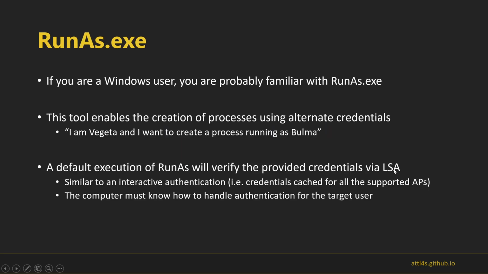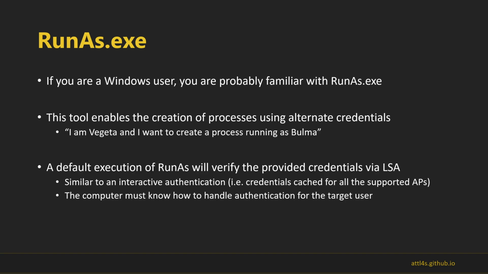So I want to begin this section talking about the runas program. Runas.exe is a program in Windows that allows the creation of a new process running as another user. Okay, you specify credentials from another user and you can create a new process with that security context.